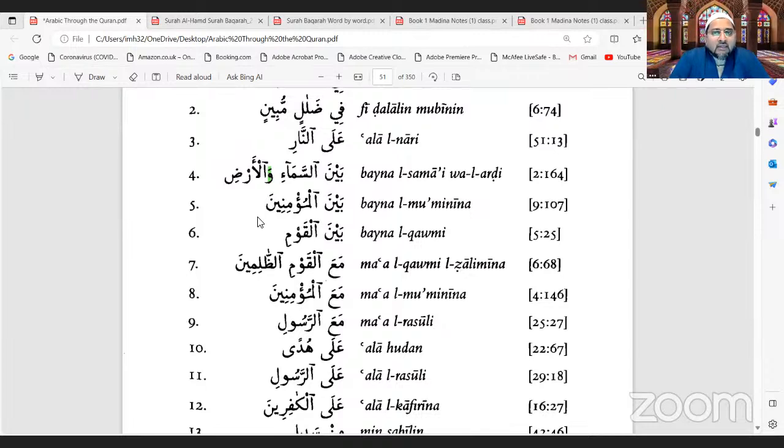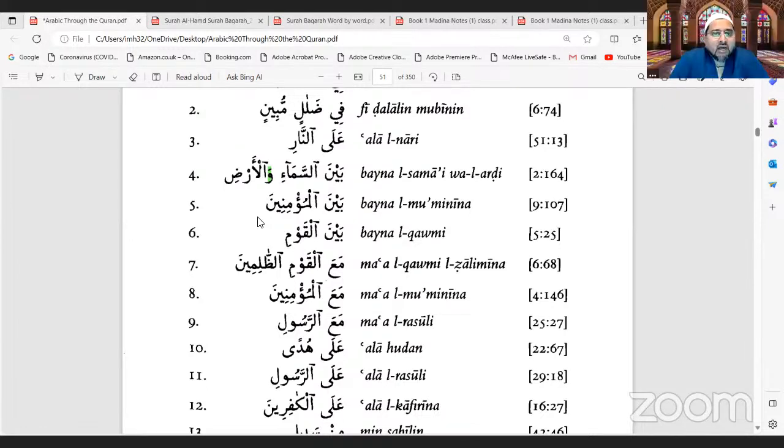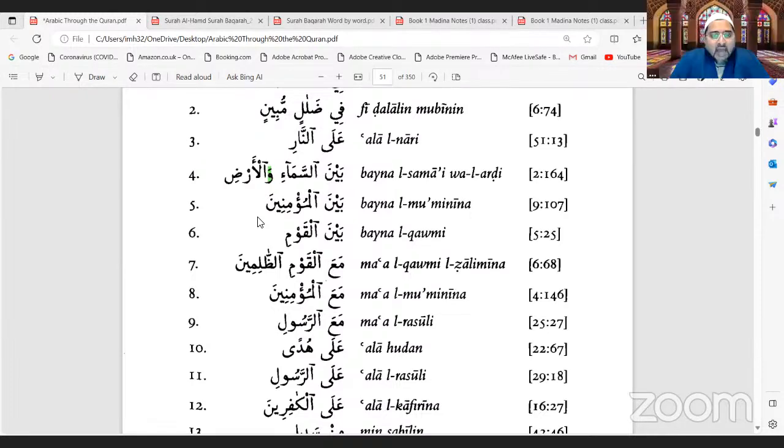This bainal mu'minin, the type of word this is, it's called sound masculine plural. In Arabic it is called jam' mudhakkar salim. Jam' means plural, mudhakkar means it is for men, and salim means sound. Whenever words like mu'minuna, muslimuna, khashi'una, sadiquna come after any preposition, they change from waw noon to ya noon.